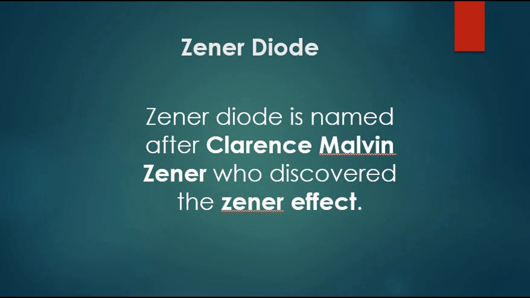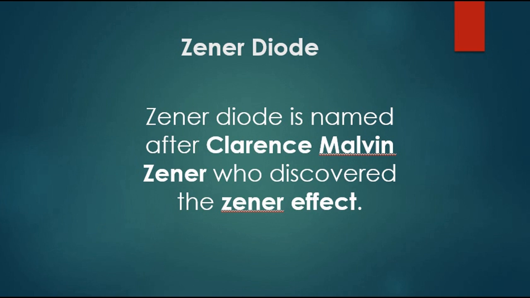Zener diode is named after Clarence Mervyn Zener, who discovered the Zener effect. It was a man called Clarence Mervyn Zener, and he was the one that discovered the Zener effect, and that was how the name came about.